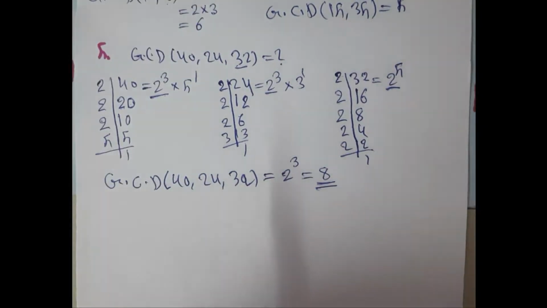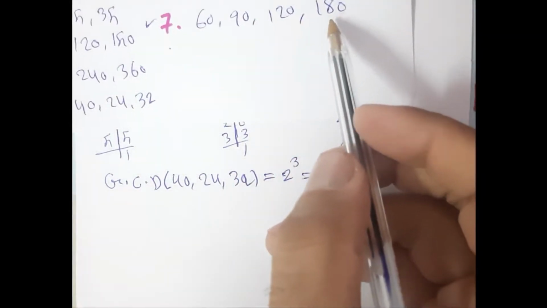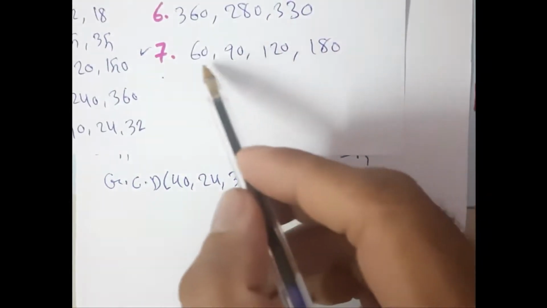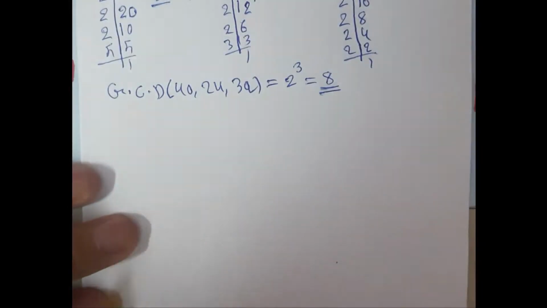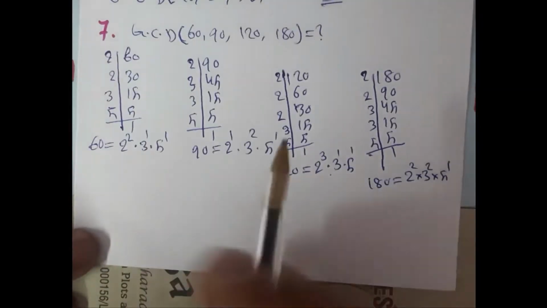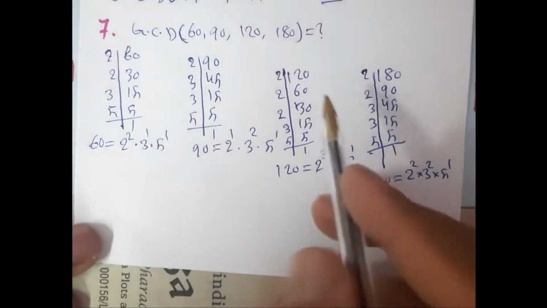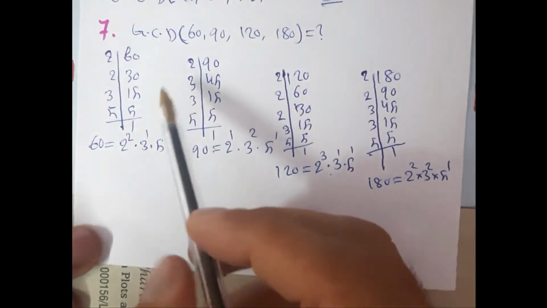Question 7, we have here 60, 90, 120, 180. Here we want to solve this question. Here you can stop the video and write the prime factorization.